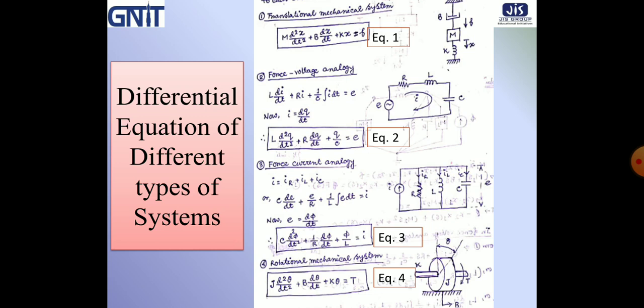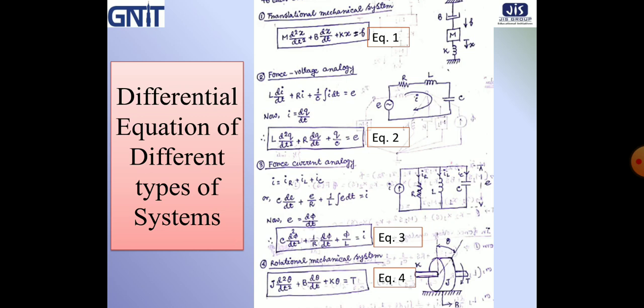Now going to the point of why it is force voltage analogy. If we see equation number 1 and equation number 2, in equation number 1 the excitation element was force, that is small f, and in equation number 2 the excitation element is small e, that is voltage.